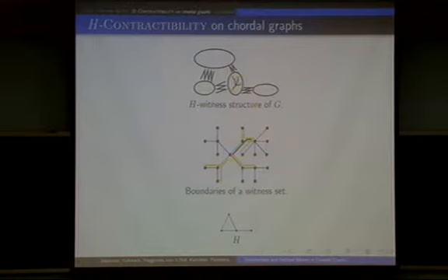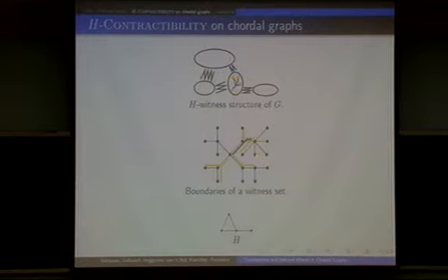The small problem is that for interval graphs we just had two directions. We could just go left or right, but in the case of chordal graphs we have a tree, so we can go in many directions, and actually there are big-O of n such directions.